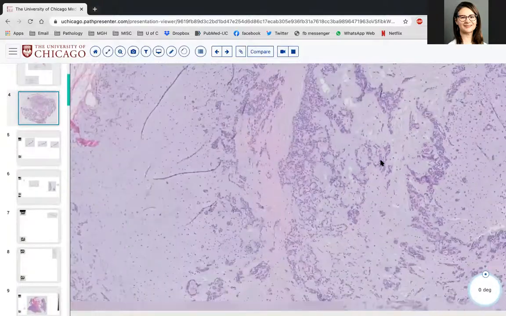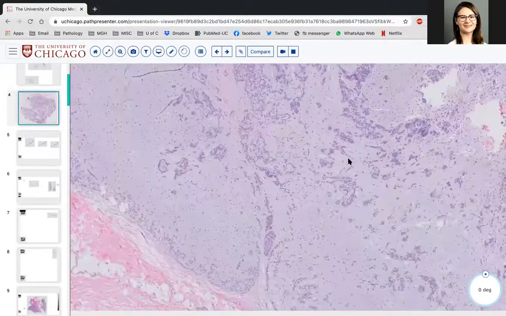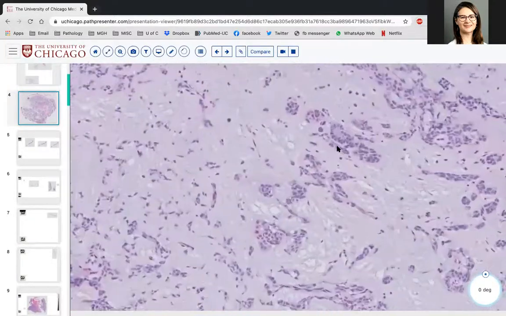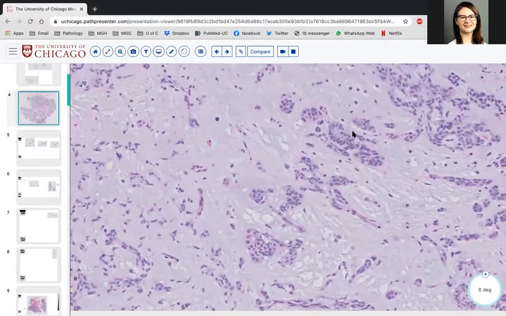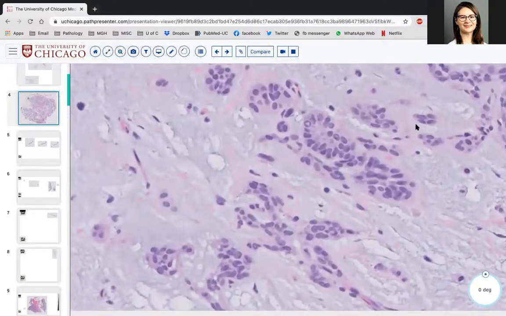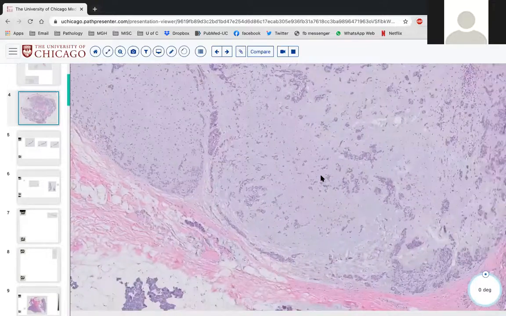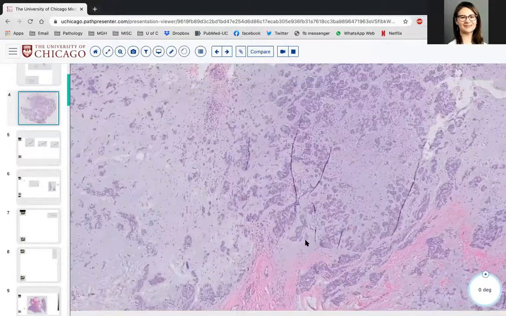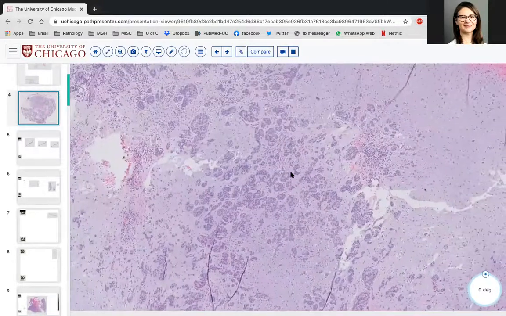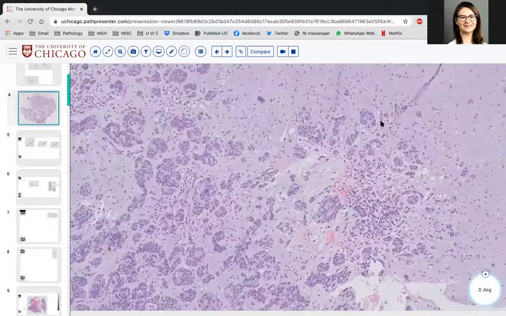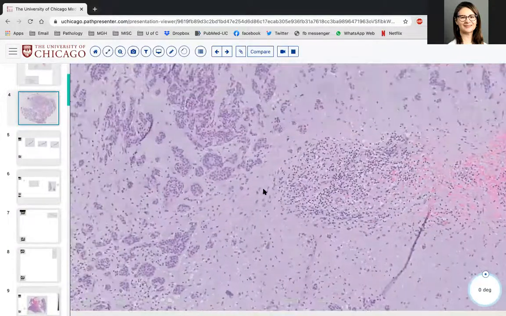And what if you can't find a duct, what would be your differential diagnosis? If you can't find a duct, what might you be thinking? If you can only find the stroma with the spindly myoepithelioid cells.